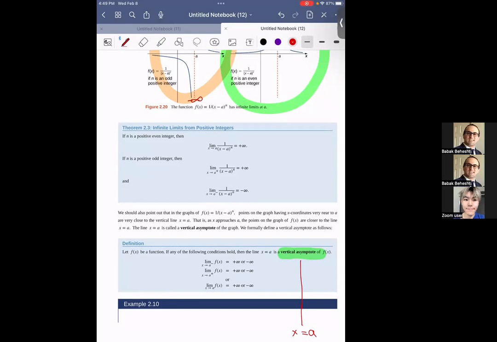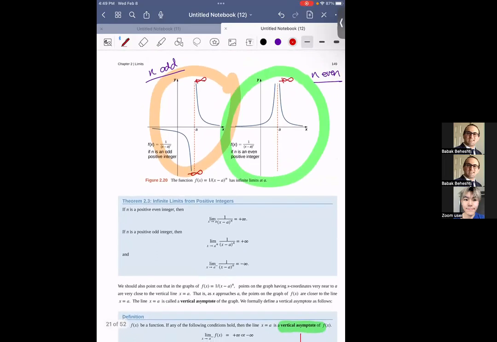So either plus or minus infinity, doesn't matter. So if the right or left limit is infinity, then we say that x equal to a is a vertical asymptote.